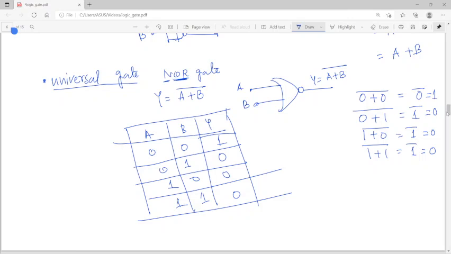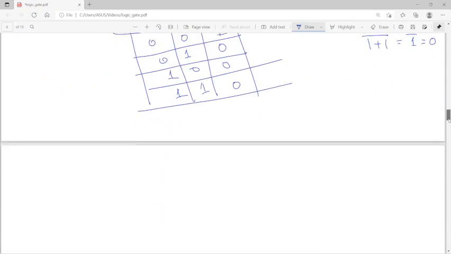The thing is that there is a gate called the XOR gate. And for the XOR gate, what should be the output? This is nothing but A bar B plus A B bar.